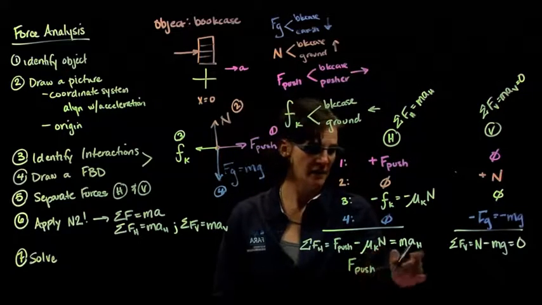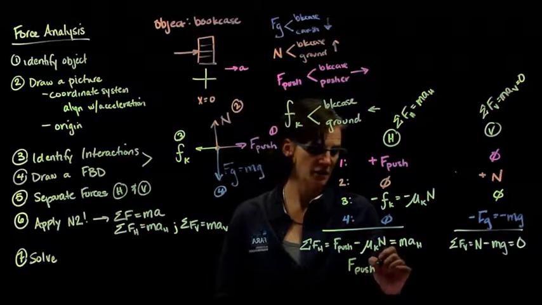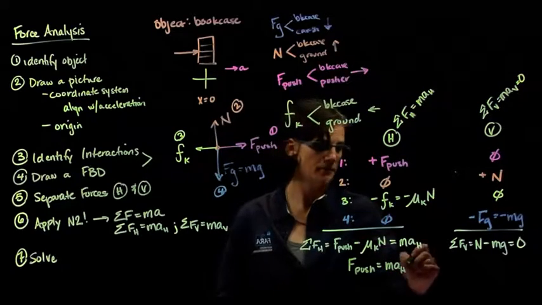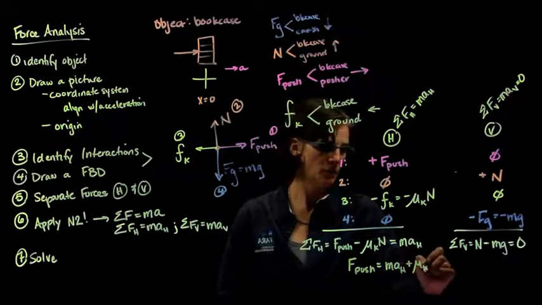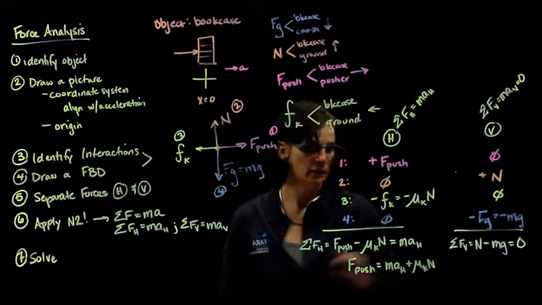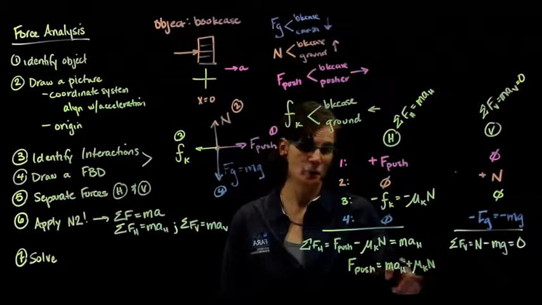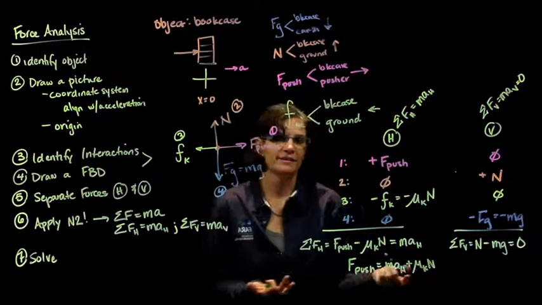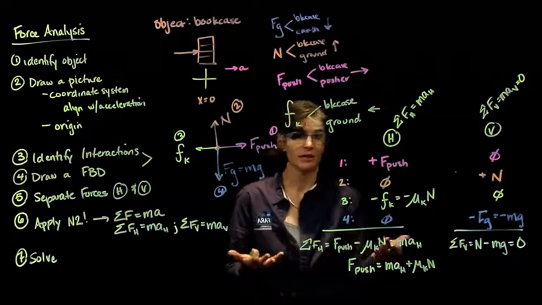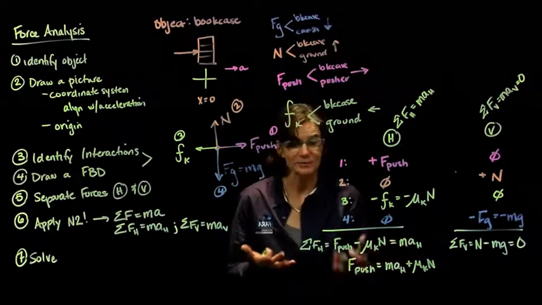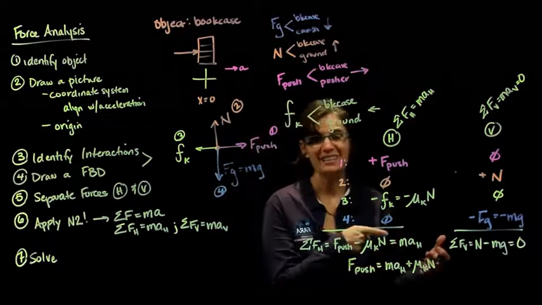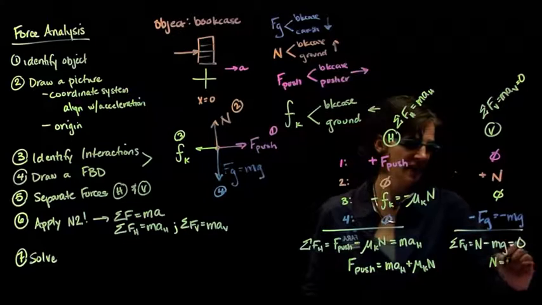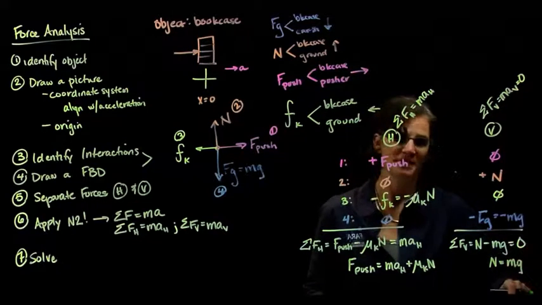If I add mu sub k N to the other side, I get m times the acceleration horizontally plus mu sub k times N. Well, I know m, I know a, I know mu k, but I don't know N. Well, I look for N in another relationship. Is N related to anything else? Yeah, the vertical. If I solve for N, I get N is equal to mass times gravity.